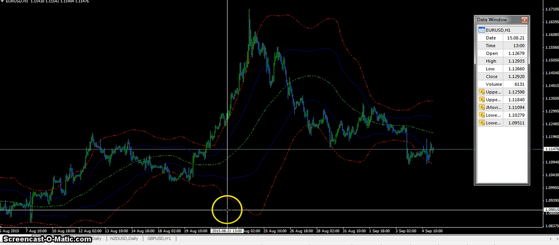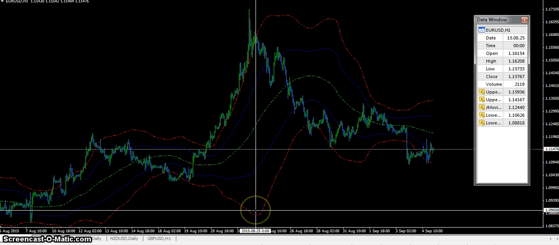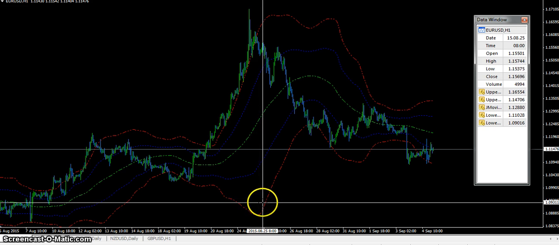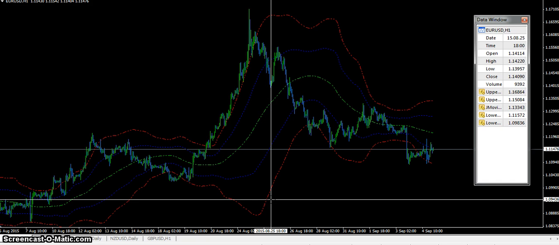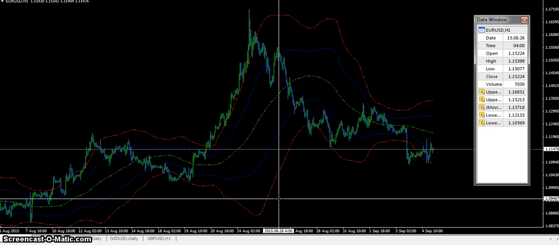It is expanding up to this point, and then the bottom one is contracting, going up, the top one is still going up, and then the top one is flattening, bottom one is still going up, and here at this point the top one has slightly come down.